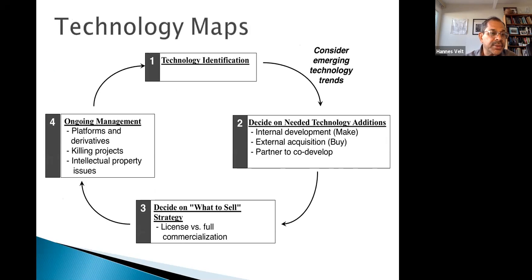And then if you look at all technology management issues, this is a good way to organize it. This is called a technology map or a roadmap. It has 4 stages. In stage 1, you look internally inside the company and take stock of all your technology portfolio.